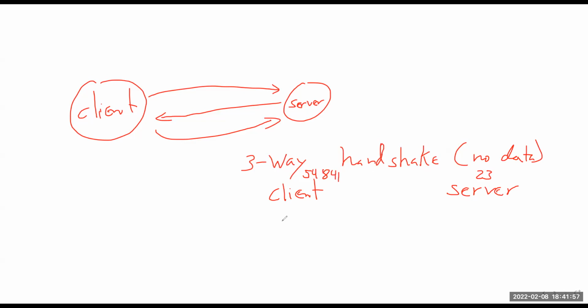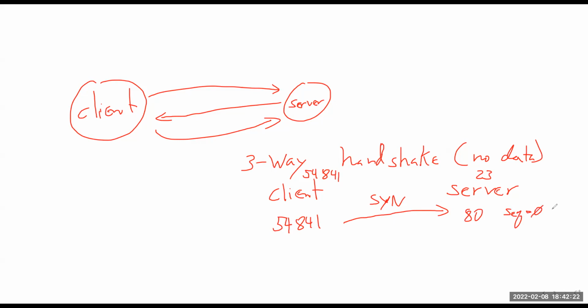So then we're going to start over here. Let's say client port 54,841, and then the server port 80. You send the first packet, right? This is the SYN packet. Send the SYN packet. And then the SYN packet probably will have a sequence number of 0, right? Relative.